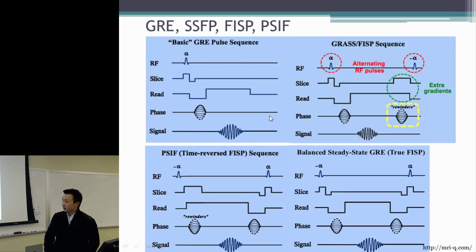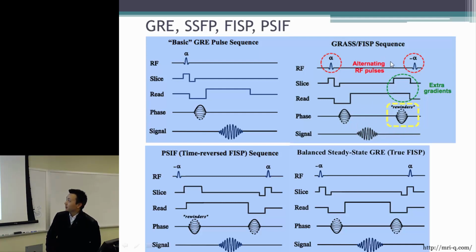So this is the basic gradient echo pulse sequence. And here is a GRASS sequence, or what we call the FISP sequence. So we have extra phase rewinding here to make the phase encoding gradient moment become 0 again.